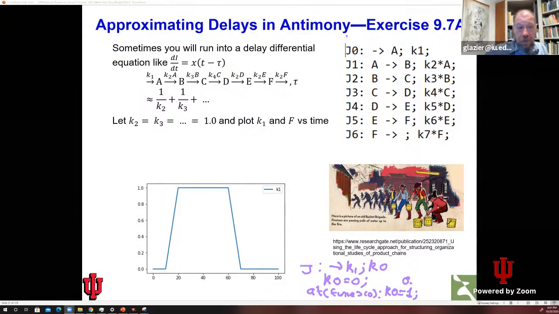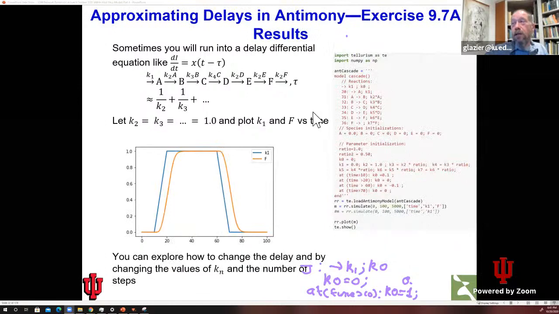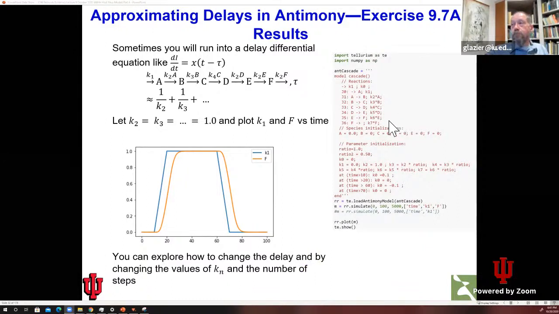How'd it go? Let's look at the results. I'll show you what I got, and you can tell me what you got. This is what I got. So I used an @ to turn on K0 at time 10. I kept it on for 10 units of time. I then had it turned off again to keep K1 constant for 40 units of time, and then had it go down to 0 again over 10 units of time.